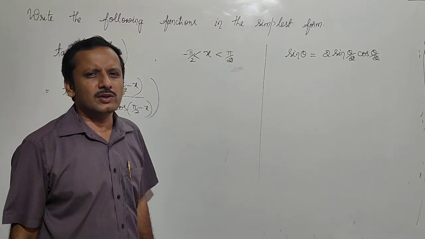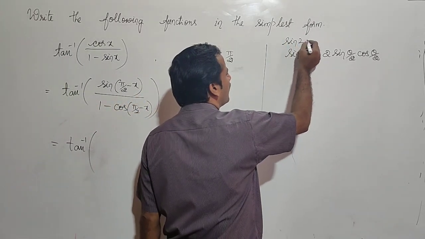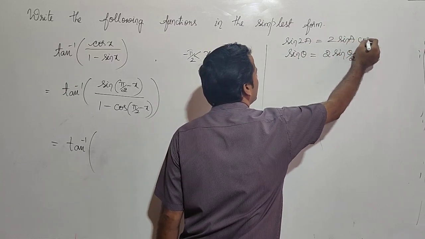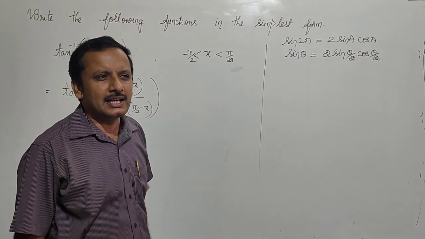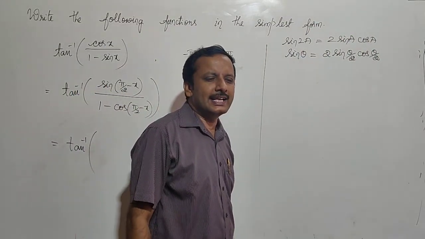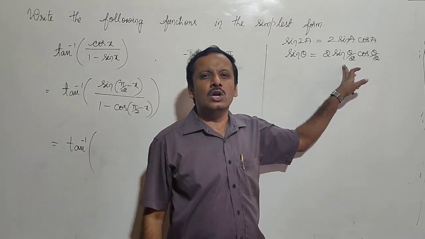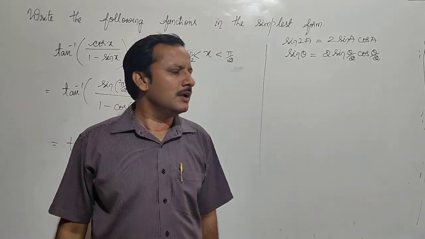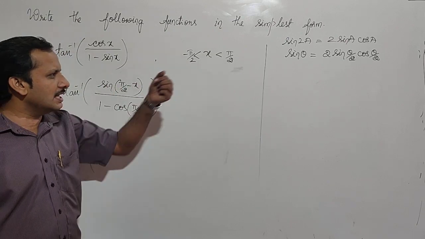This is obtained from the formula sin 2a is equal to 2 sin a cos a. In that, put 2a is equal to theta, then a is equal to theta by 2. That will give you sin theta is equal to 2 sin theta by 2 into cos theta by 2. Okay. So here I want to use that formula.